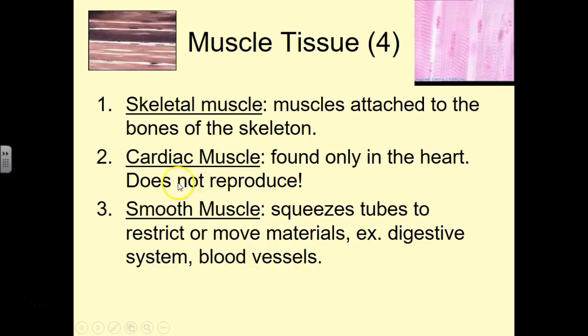Cardiac muscle, like I said, only in the heart, and strangely enough, it does not reproduce. Or I should say, does not reproduce and repair itself. When there is damage to cardiac muscle, it doesn't just make new cells, it makes scar tissue, unfortunately. Someone has a heart attack, oftentimes if they survive, they have scar tissue on their muscle.